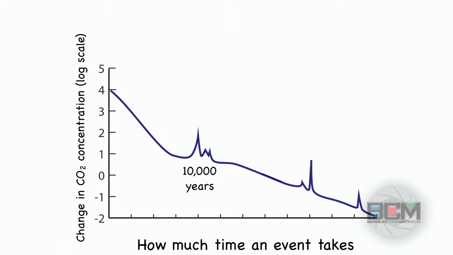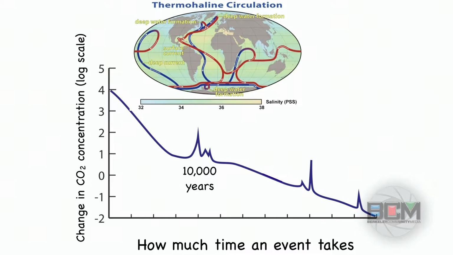And so what's going on there? Well, there are changes in the Earth's orbit around the sun. There are various kinds of fluctuations. But the biggest one is still sort of a mystery. It's believed to be associated with the circulation of the oceans.